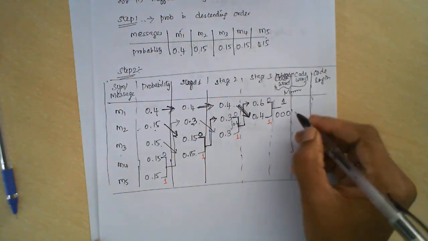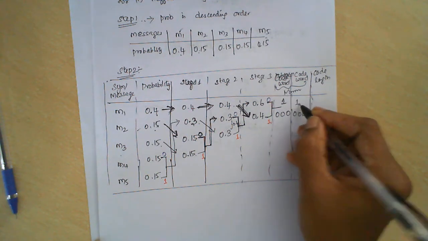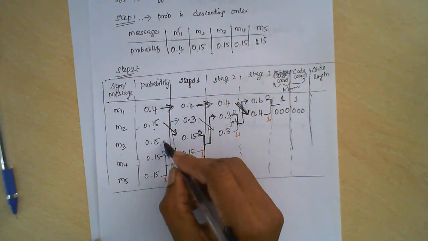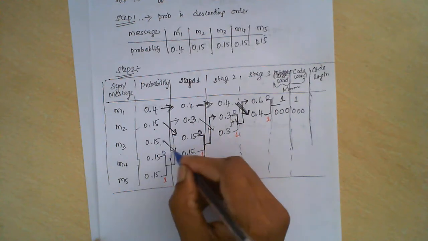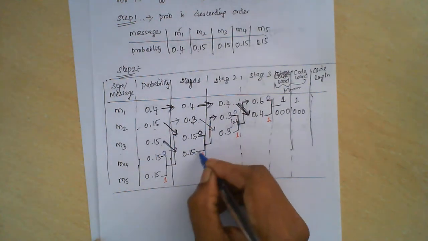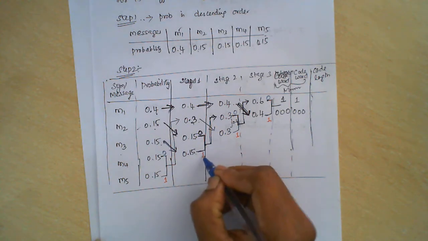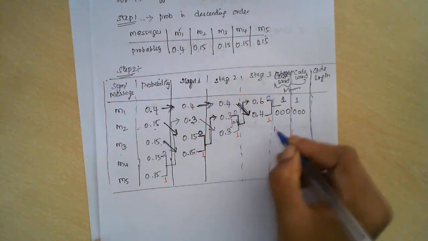So the mirror image of this is 0, 0, 0. The mirror image of 1 is actually 1. And coming for the other 0.15, it is achieved in the same way. It is coming down, so we have the value of 1 here, not 0.